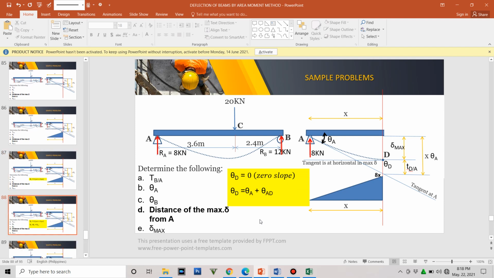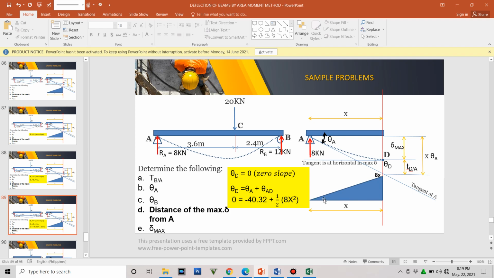And then, sulat ulit natin. Theta D is equal to pinaka-left, theta A, plus theta A to D. So, nakuha na naman natin yung value ng theta A, which is negative 40.32 yun. And then, include mo yung A to D. Ito na yung ating moment diagram.